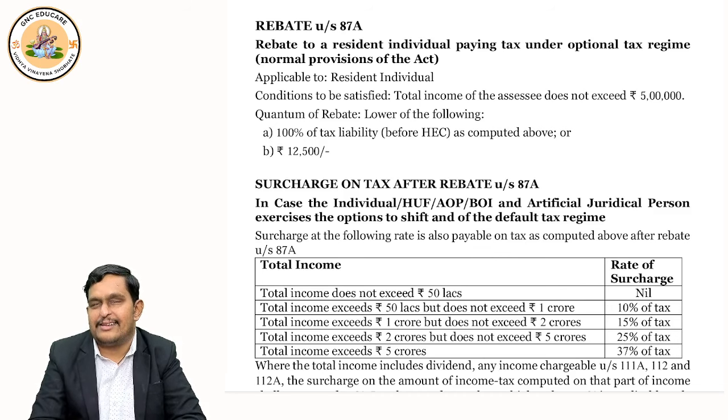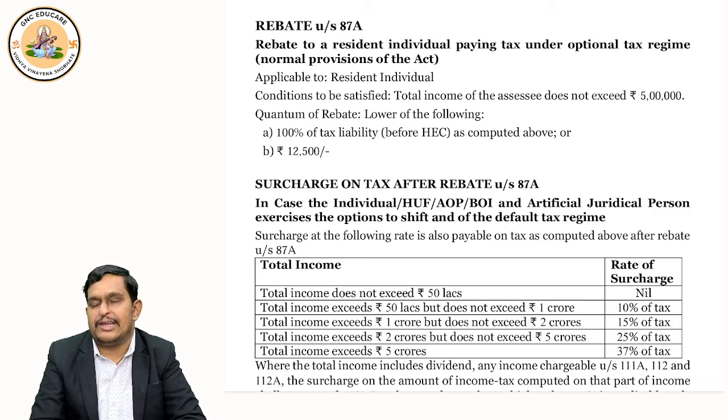That is tax before cess. So tax before cess or rupees 12,500, whichever is lower, that is your rebate. Tax before cess or 12,500, whichever is lower is your rebate.